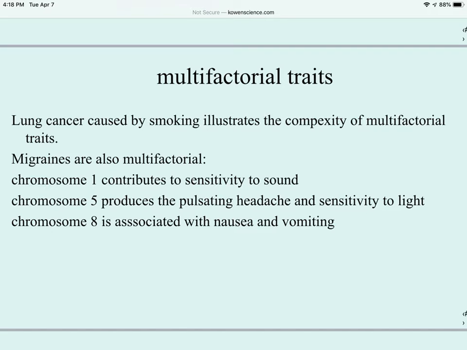If they have nausea and vomiting, then those traits are coming from chromosome 8. If they have a pulsating headache, sensitivity to light, nausea, and vomiting, then you have chromosome 5 and 8 causing the migraine issues. And so that's how we can start looking at how multifactorial traits affect an individual's phenotype.